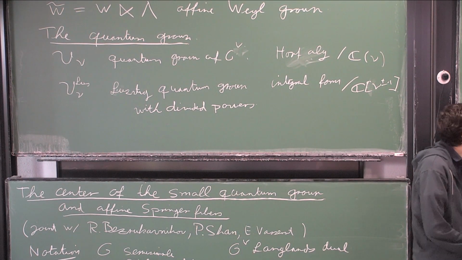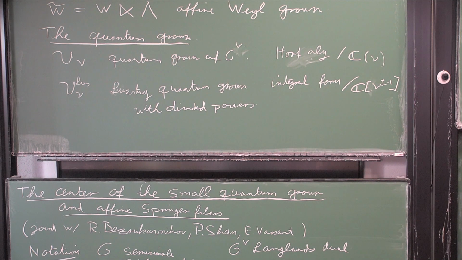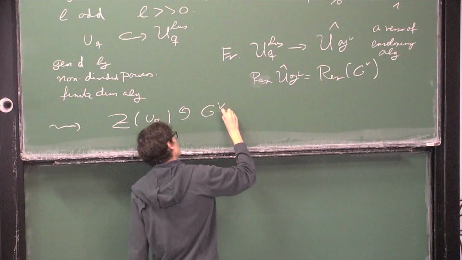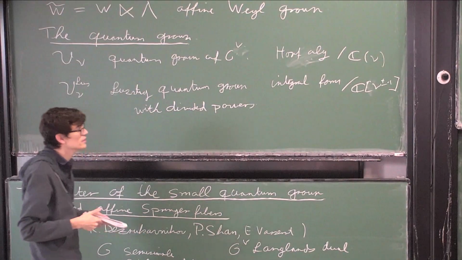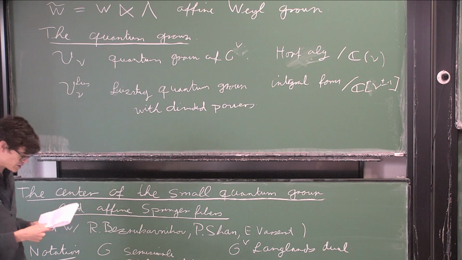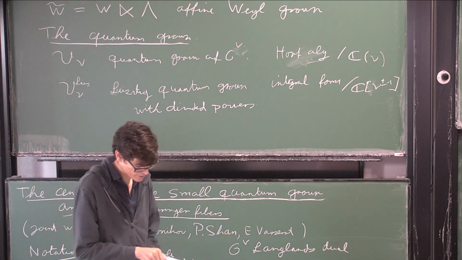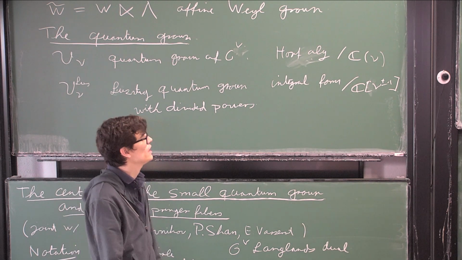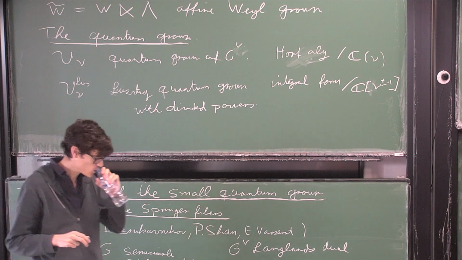The center of the small quantum group is not only an algebra, a commutative algebra, but it comes with an action of the group. Okay, because of this Frobenius morphism being the quotient by the small quantum group. So what we're going to study is this center with the action of the group.